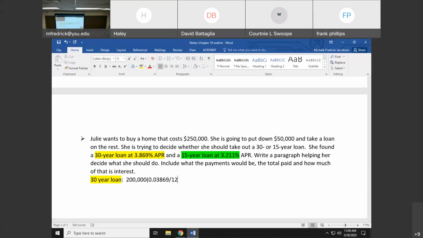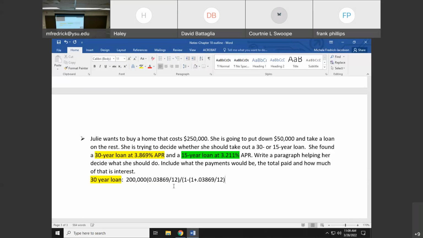So our rate divided by 12, then divided by parenthesis 1 minus parenthesis 1 plus the rate again, 0.03869 divided by 12.